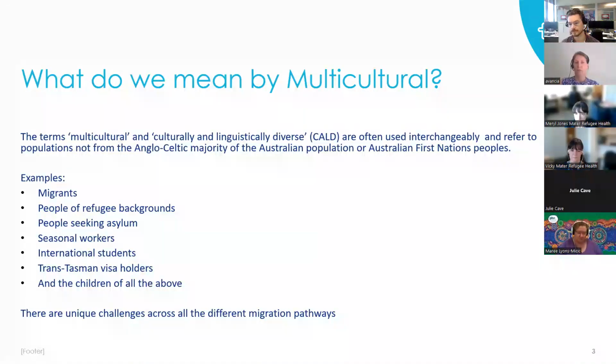So examples include migrants, people of refugee backgrounds, people seeking asylum, seasonal workers, international students, trans-Tasman visa holders, so people that come from New Zealand on a special arrangement they have with Australia, and the children from all the groups above. And as you can imagine, there's unique challenges across all the different migration pathways in terms of accessing healthcare.